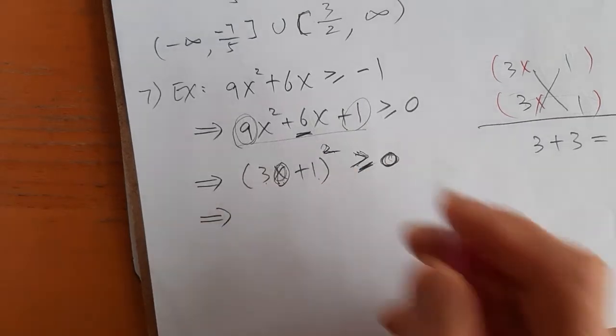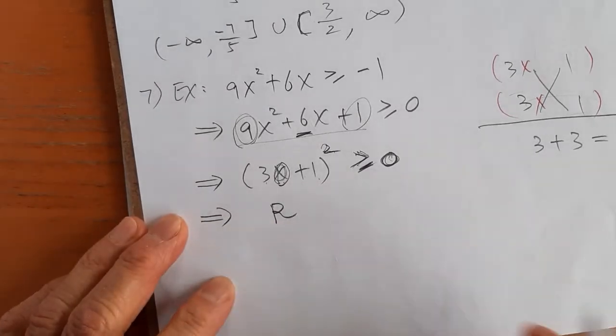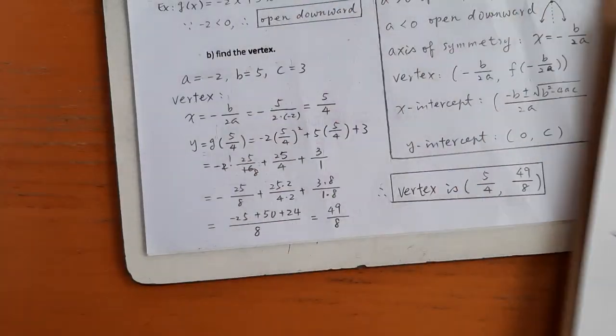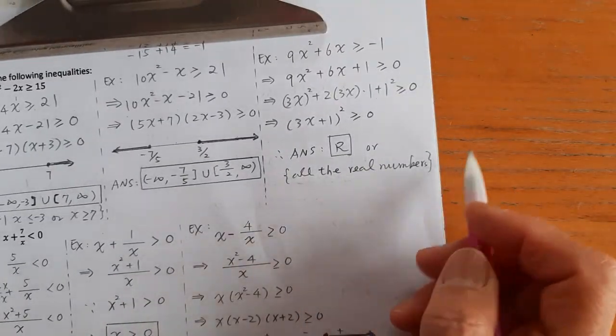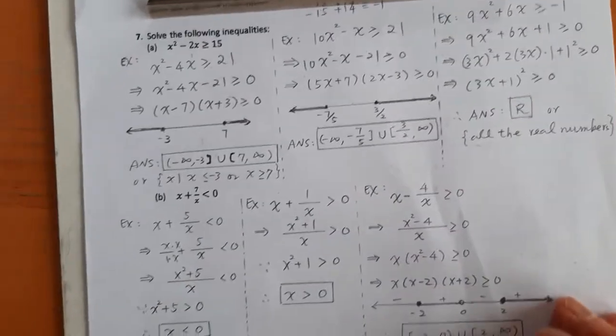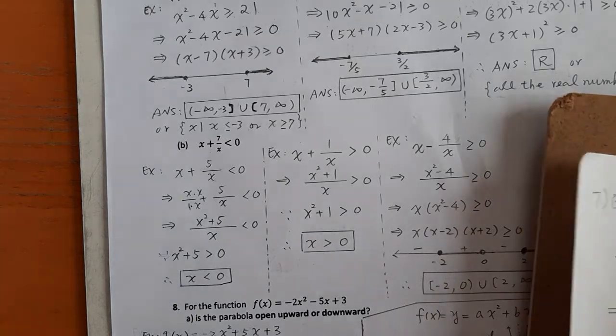So x can be any real number. So the solution for this question is R, all the real numbers. You can answer as R, or all the real numbers. That's question 7, part A.